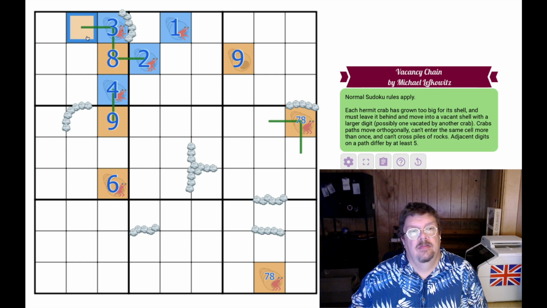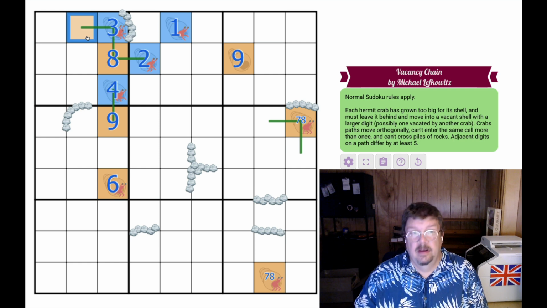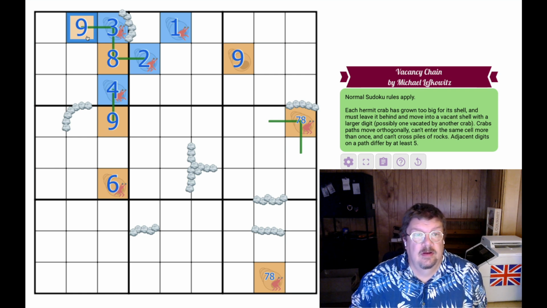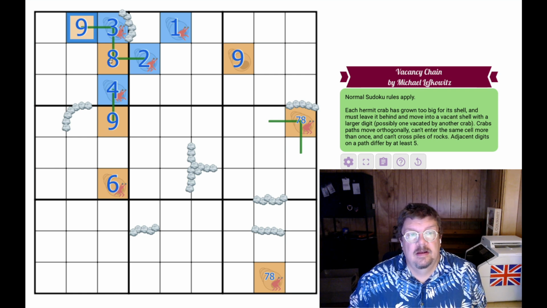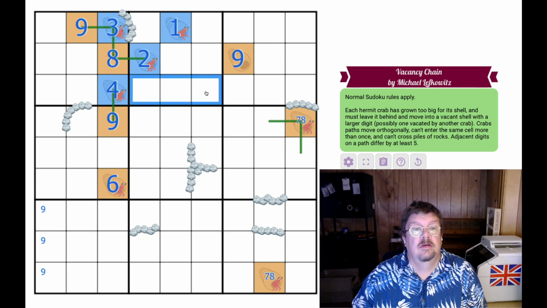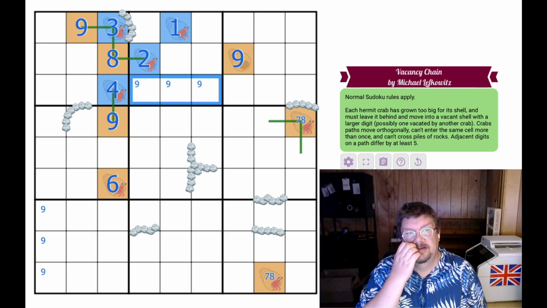That has to be a 9 because the only digits that can go next to a 3 are 8 and 9, and 8's already taken in the box. That puts a 9 down there somewhere, puts a 9 along there somewhere.